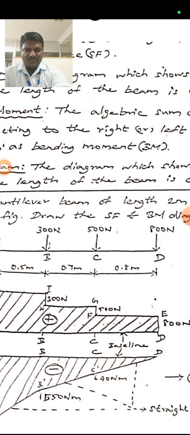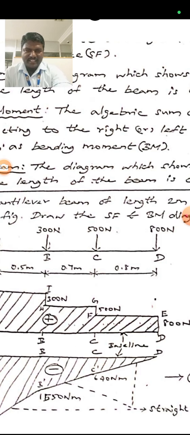The general formula for bending moment is load into perpendicular distance. For the right side, clockwise is negative and anti-clockwise is positive. The 800 Newton load moves downward, so it is a clockwise rotation.